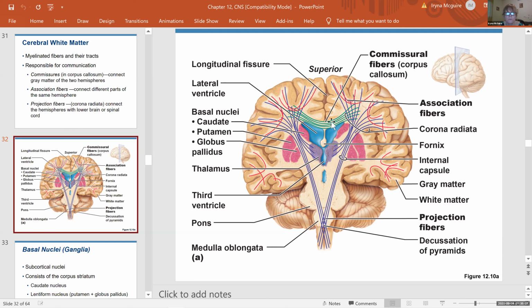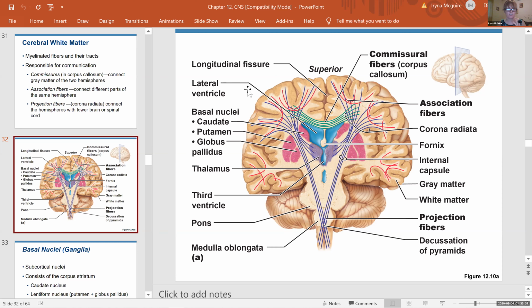Now also, sometimes information needs to move up and down, right? Those fibers are called projection fibers. So here are projection fibers, information moving up and down. And another set of axons, where information moves front to back, pretty much connects different parts of the same hemisphere, shown here in red, and those are called association fibers.